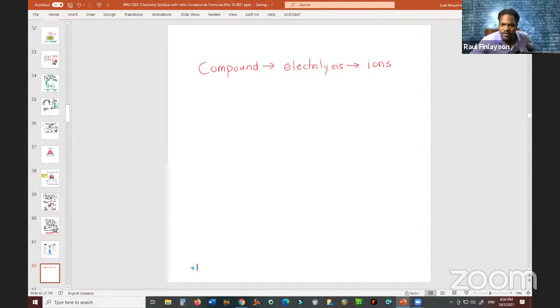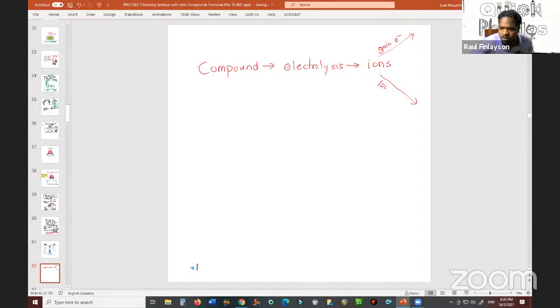Now the ions there would, and we're not going to give some names to this that CXC would want you to know, ions would gain electrons, and of course some ions will lose electrons.